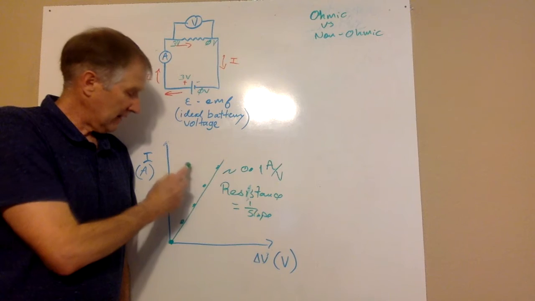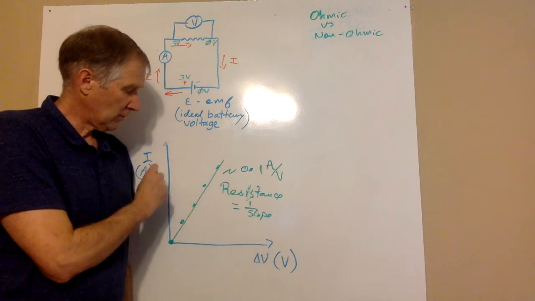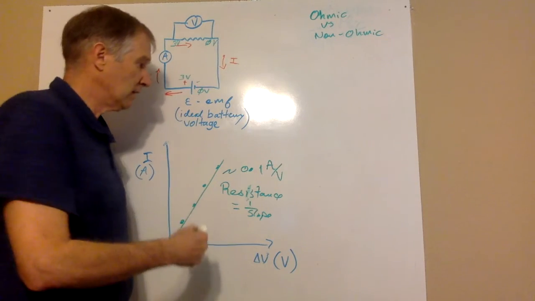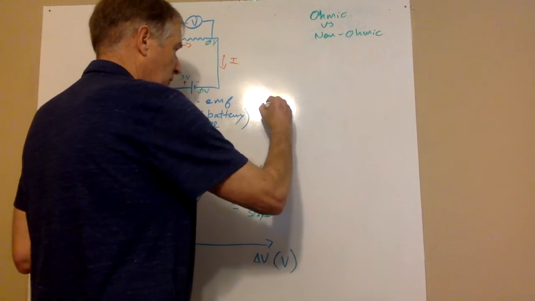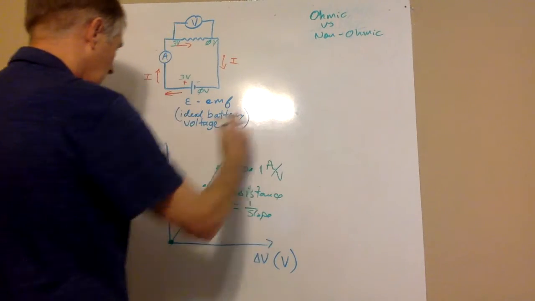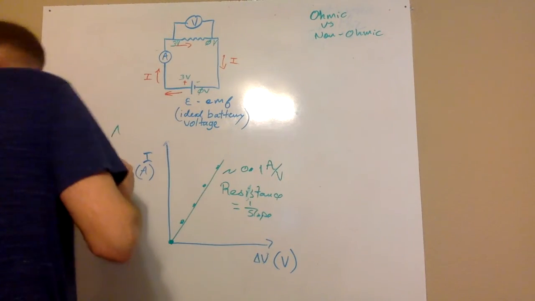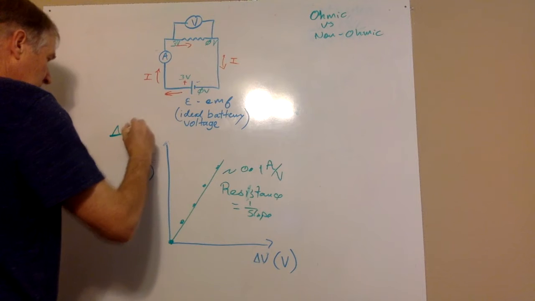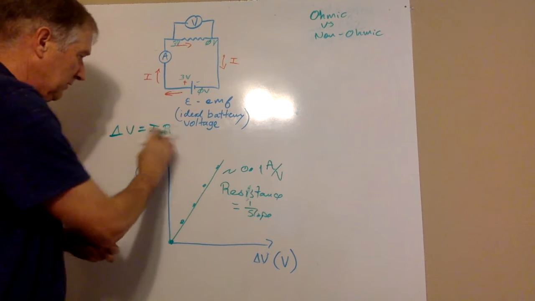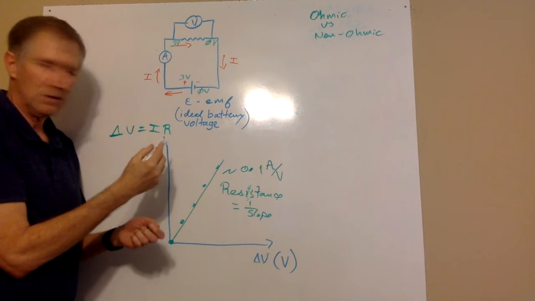Anything that has a linear relationship between current and voltage is said to be ohmic. It obeys Ohm's law. Ohm's law, written in its raw form, is delta V equals I times R, where R is actually the slope. It's just how it's typically written.